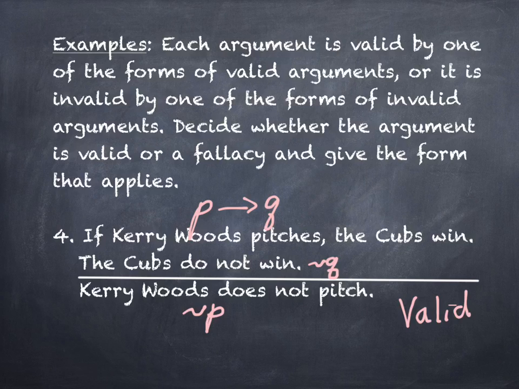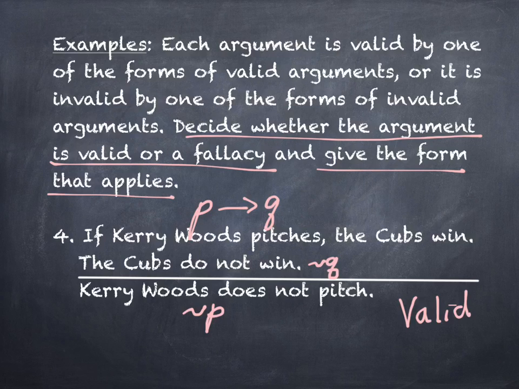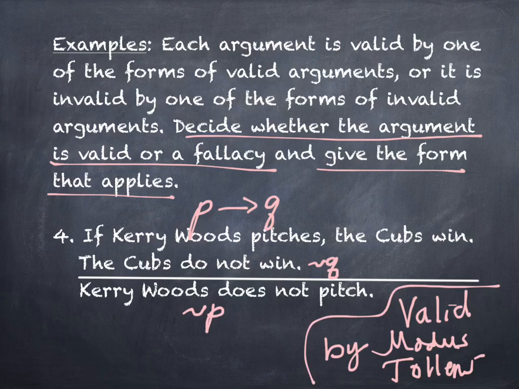Part of the question said decide if the argument's valid or a fallacy. Then it says give the form that applies. So giving the form that would apply, we know this by modus tollens. So no truth tables, no Euler diagrams, you're simply matching. This is valid by modus tollens.